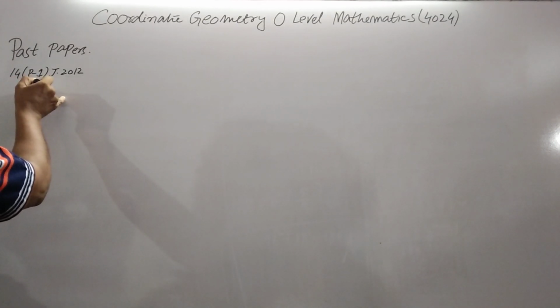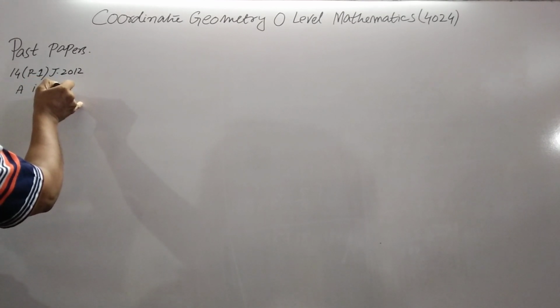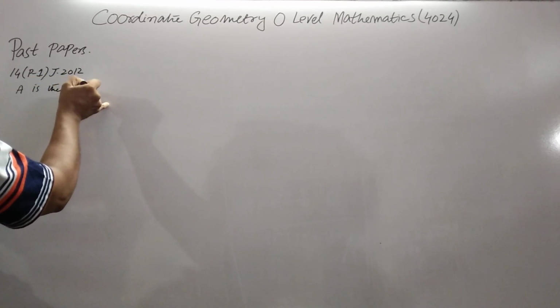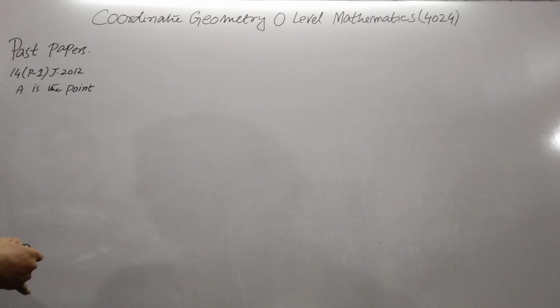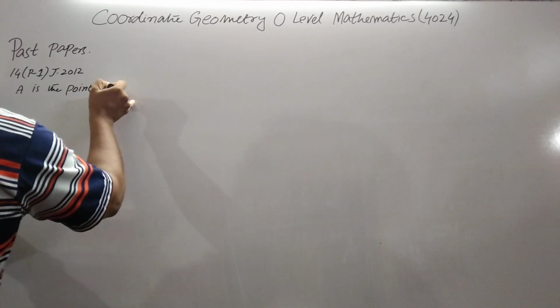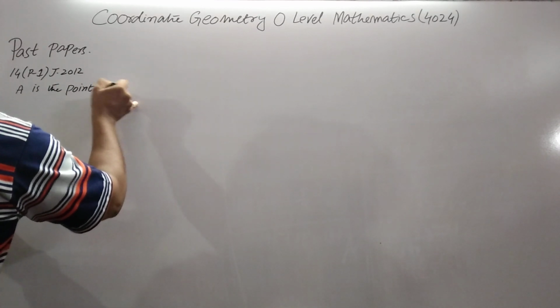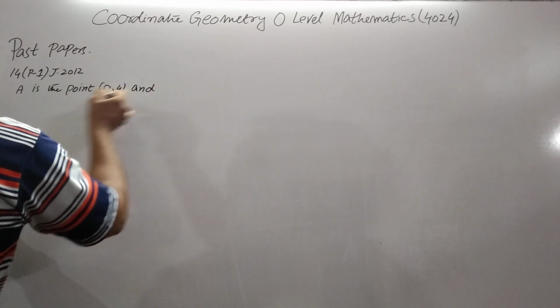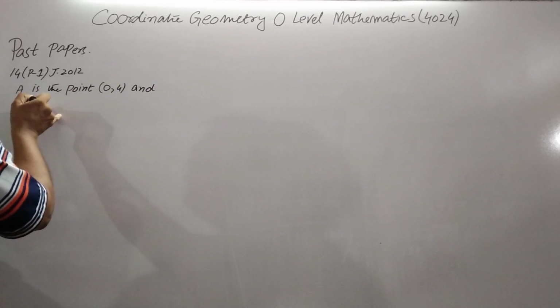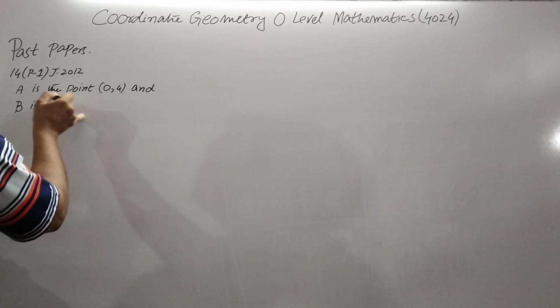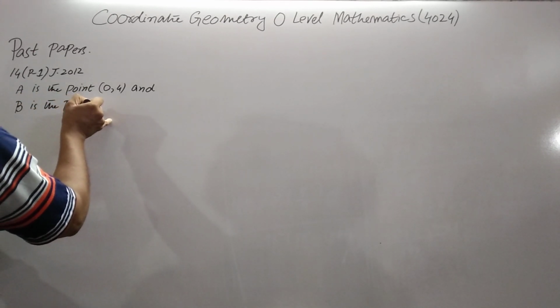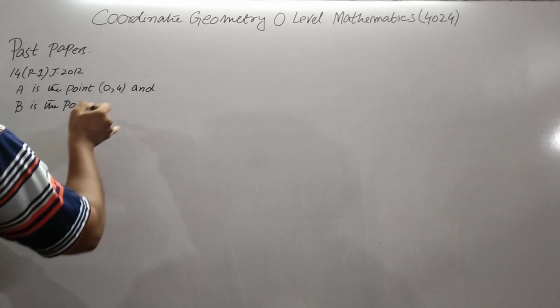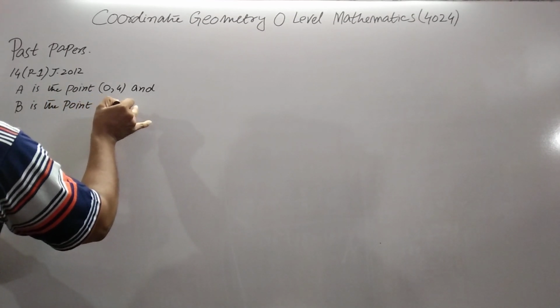A is the point (0, 4) and B is the point (-6, 1).